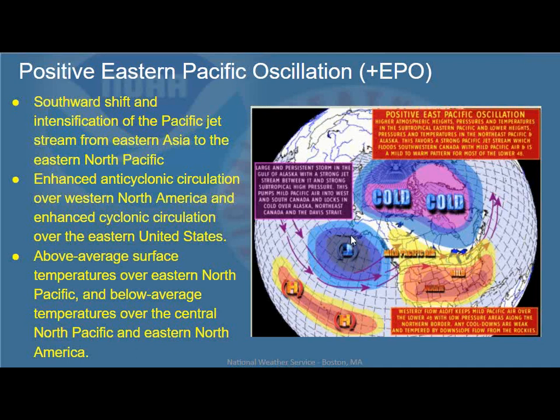This makes the jet stream flatter, and in turn, you tend to favor above normal temperatures across much of the continental US.